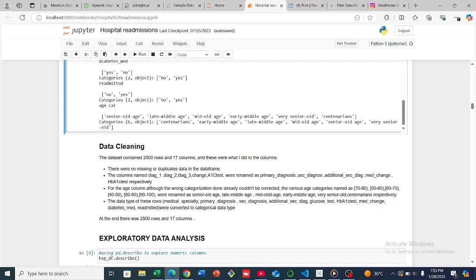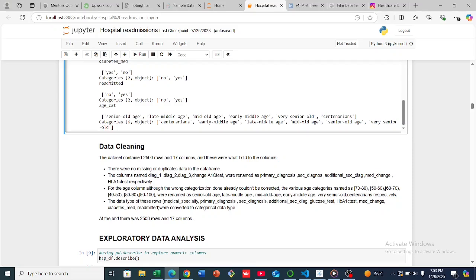The first thing, I stated that there were no missing or duplicated data in the data frame, and the next thing I did was to clean the names. I stated that the columns whose names were DAG 1, DAG 2, DAG 3 were renamed as primary diagnosis, secondary diagnosis, additional secondary diagnosis, and so on.